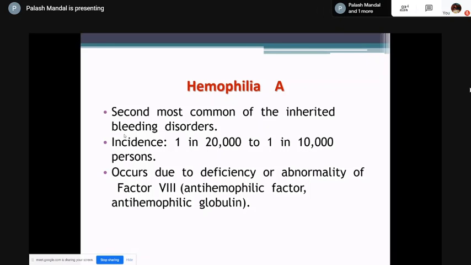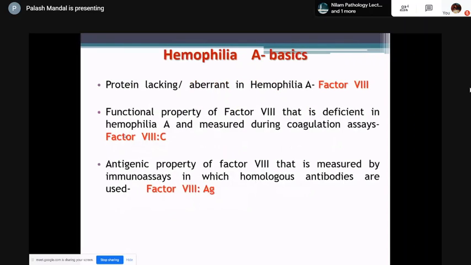It occurs due to deficiency or abnormality of factor VIII, which is the anti-hemophilic protein lacking or aberrant in hemophilia.